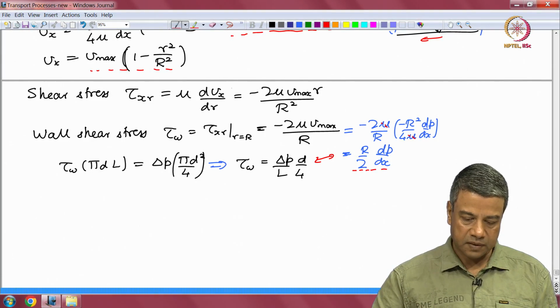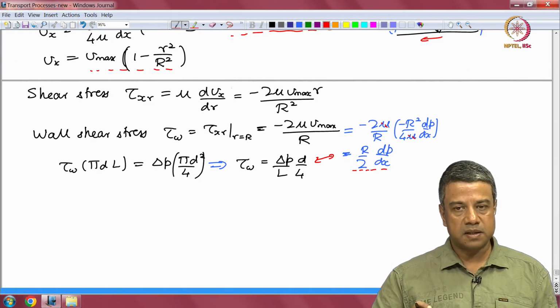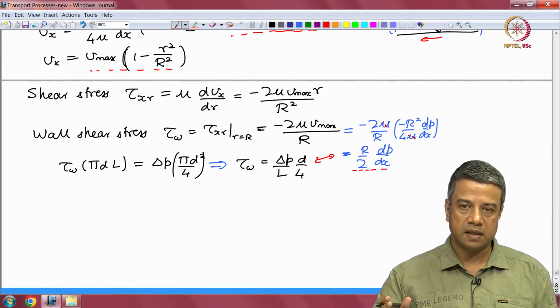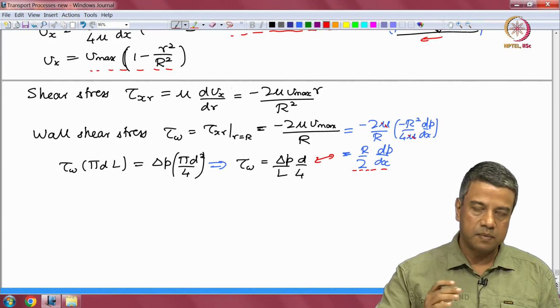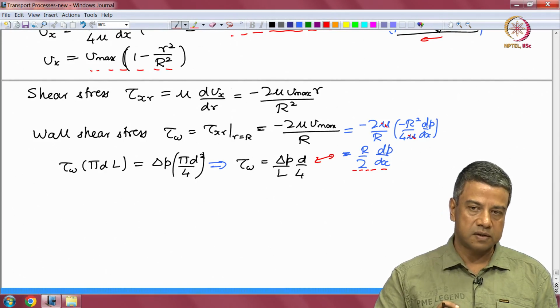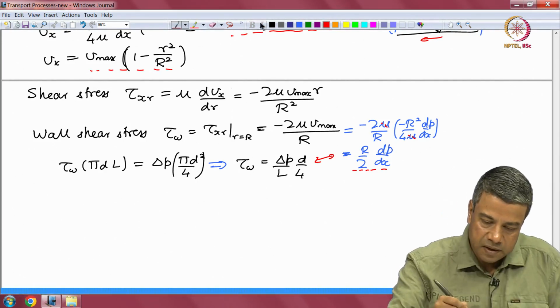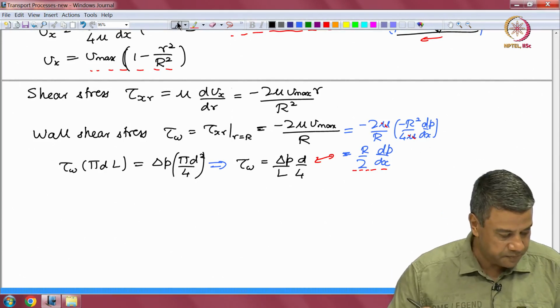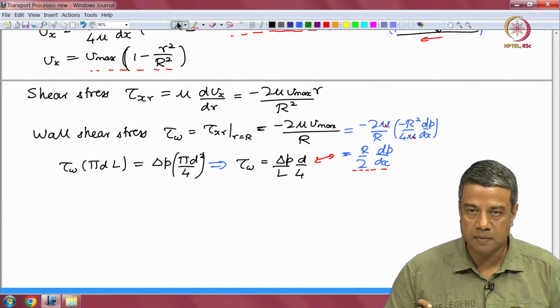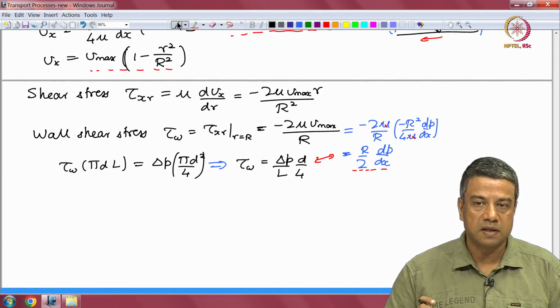So, we get back the same expression as we got for the wall shear stress by an integral balance over the entire pipe, from this local description of the velocity field as a function of radius. So, we get back the same force balance in this case as well. The only additional insight we have here is that delta P by L is equal to dP by dx, that the slope of the pressure profile is actually linear.